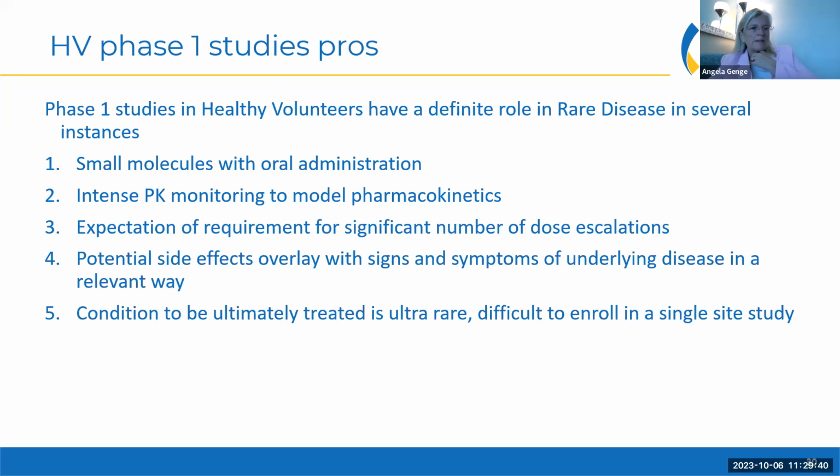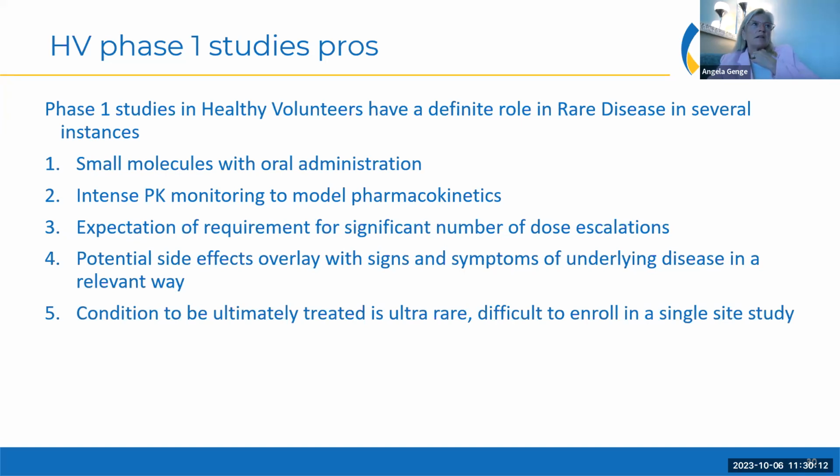When we look at phase one trials, which we all know are for safety and tolerability as its primary or co-primary reason for existing, there are essentially two main approaches. One is to take the investigational product into healthy volunteers, and the other is to take it directly into a patient population you hope to develop the drug for.